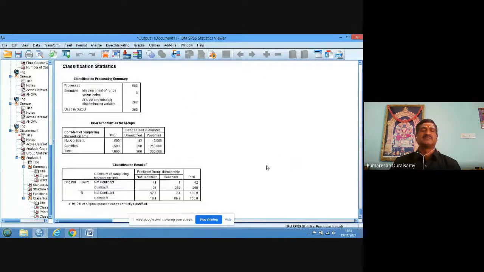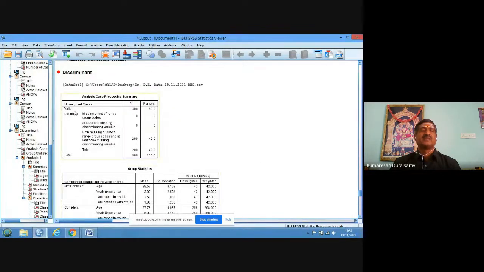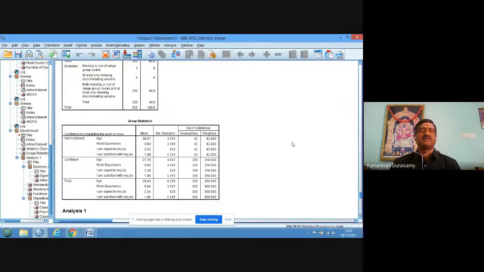Look at this. These are the outputs. The first one, case processing summary, leave it. Group statistics. See, look here. Not confident. We have divided the sample respondents into two groups. There are 300 employees.